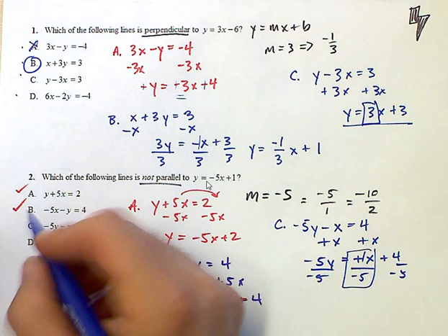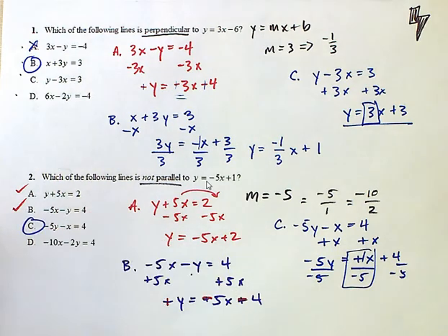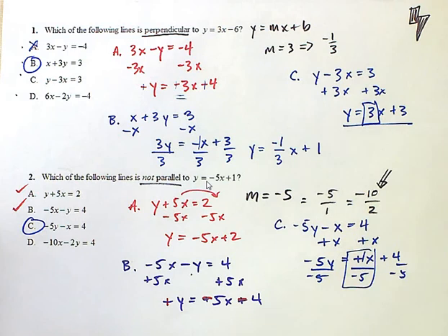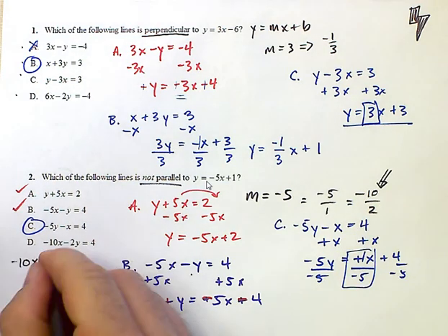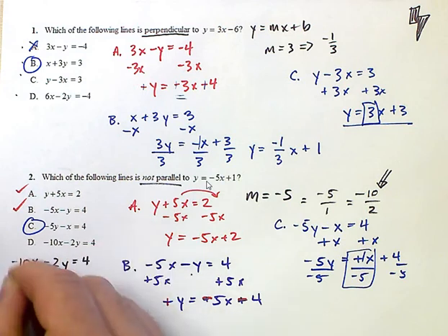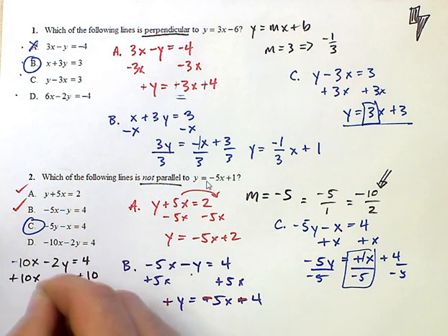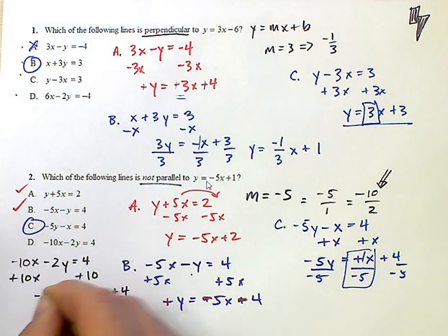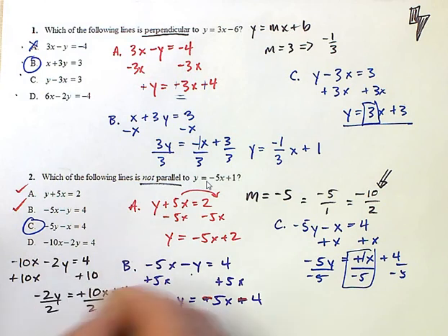The reason I brought up this fraction here, though, is because if you look at answer choice D, you get negative 10x minus 2y is equal to 4. And you add the 10x to both sides, and you get negative 2y is equal to positive 10x plus 4. And you divide by negative 2.